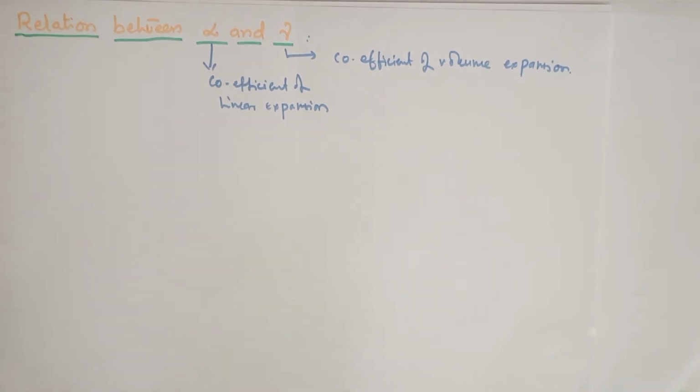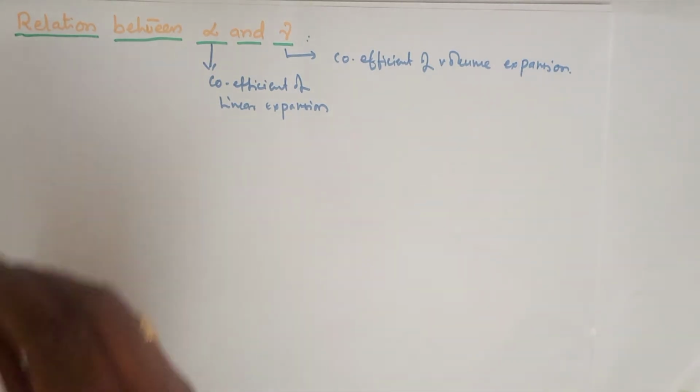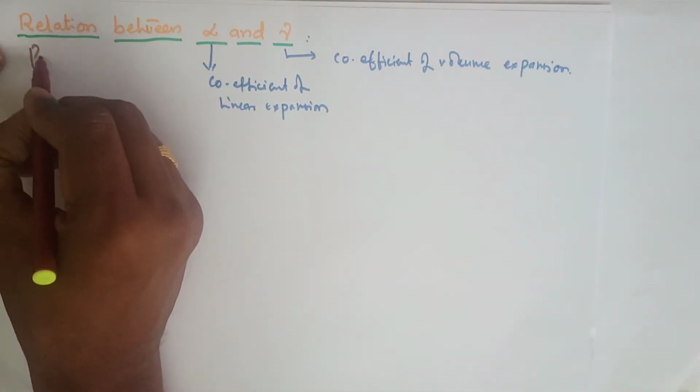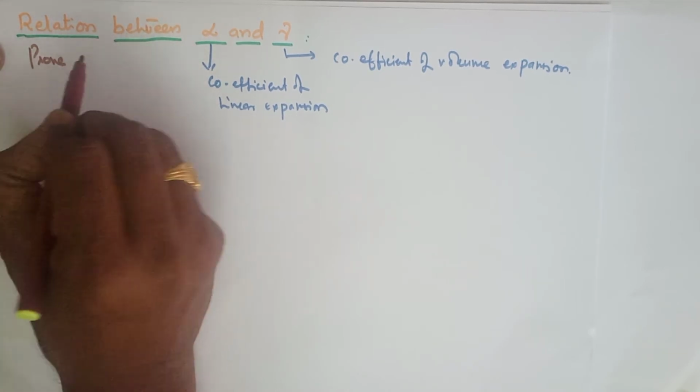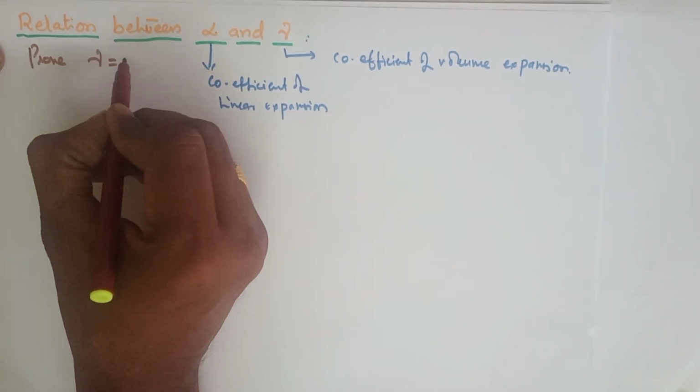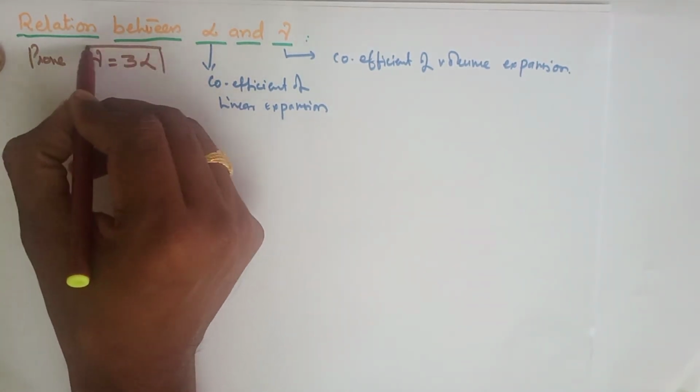How to take the relation and what do we have to prove? We have to prove gamma is equal to 3 alpha.